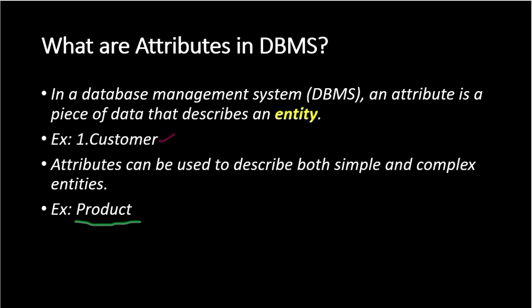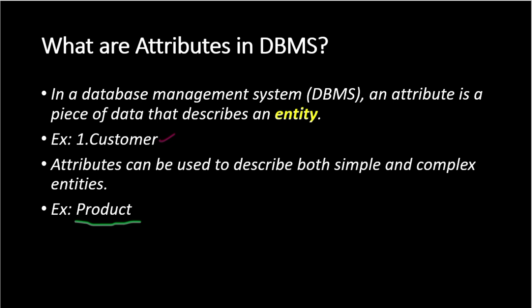Those are simple attributes only. For complex entities, along with the simple attributes like product name, price and date of manufacture, you can add attributes describing its color, and based on the color and size you can differentiate this product. So simple entities and complex entities both exist, and these attributes are used to describe both.